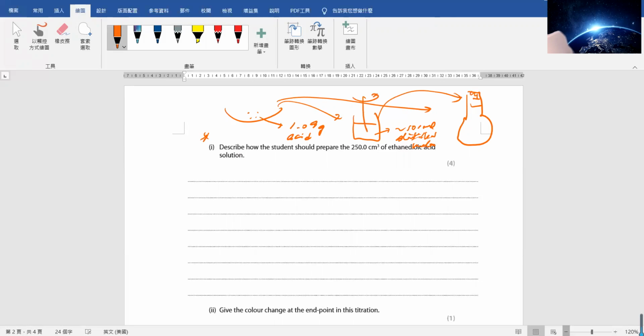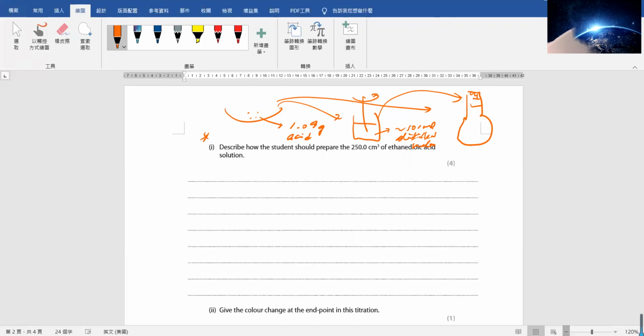Then you pour everything into the volumetric flask, rinse the beaker several times, and pour the rinsing into the volumetric flask as well. Then you add distilled water until the water level reaches the graduation mark, and you stop it and turn it upside down several times. You have to recite the steps because this is a very common question in the exam.